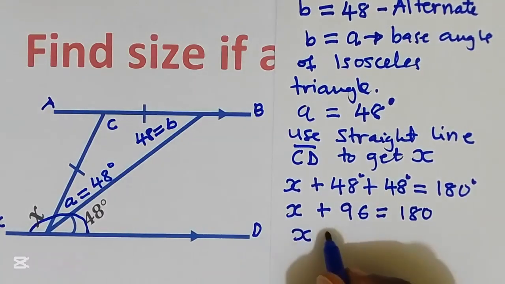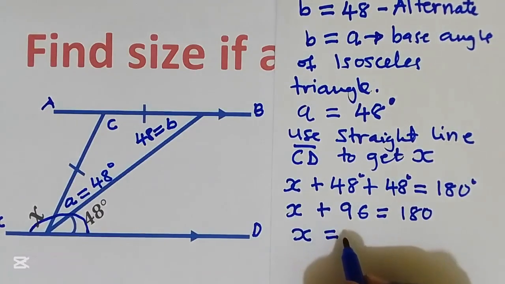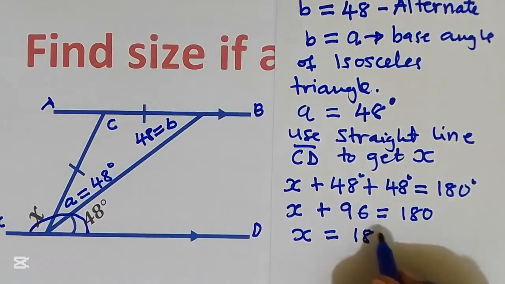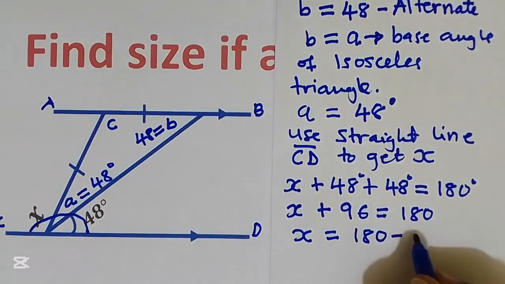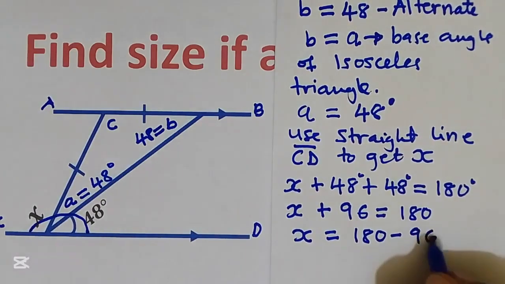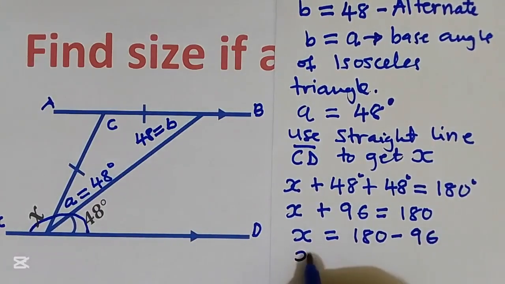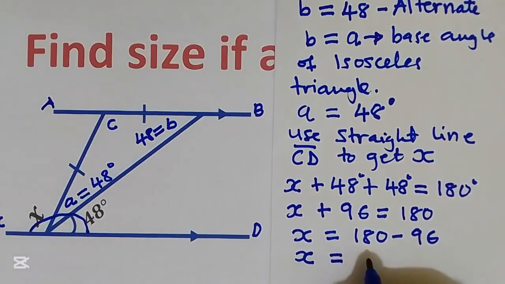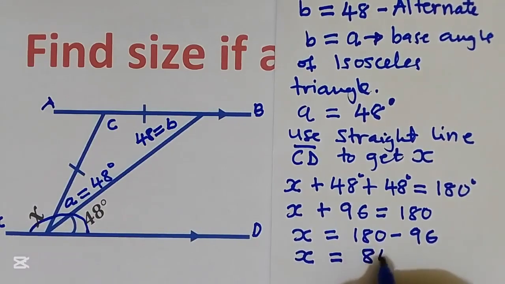The value of X is equal to, subtract 96 from both sides, that is going to be 180 take away 96, we are going to remain with X is equal to 84 degrees.